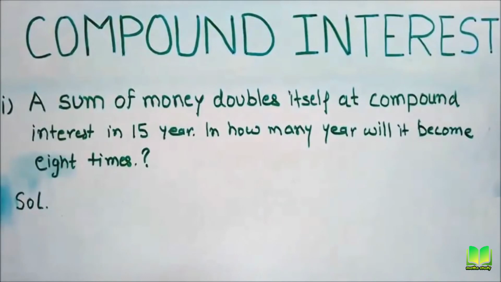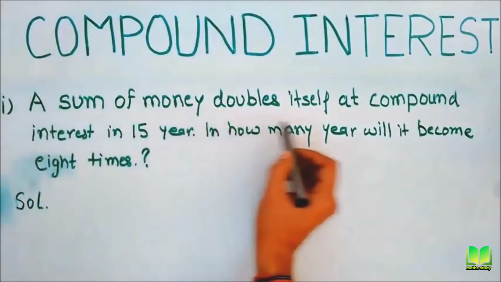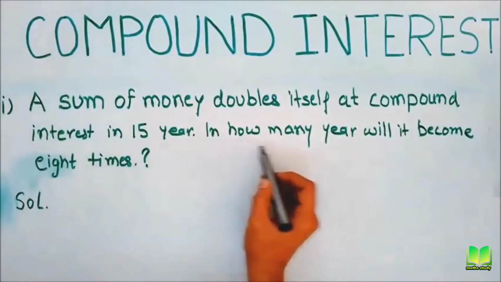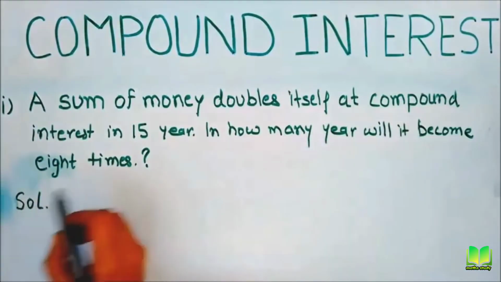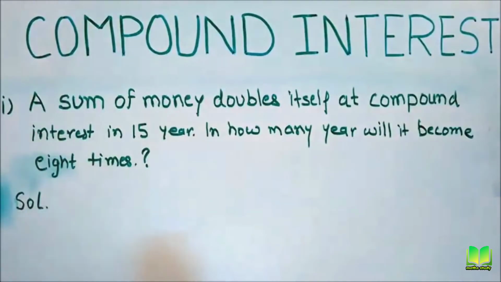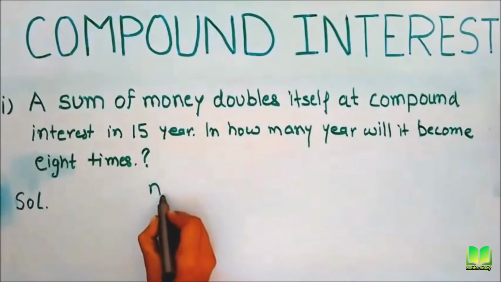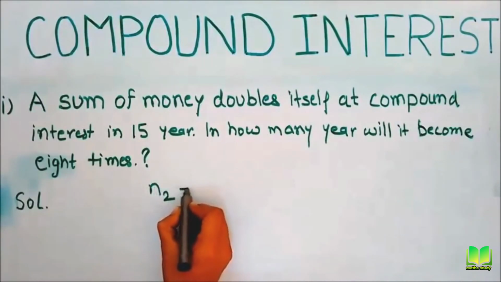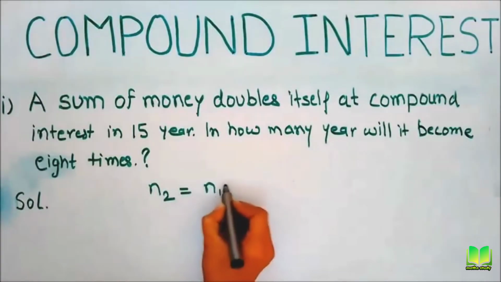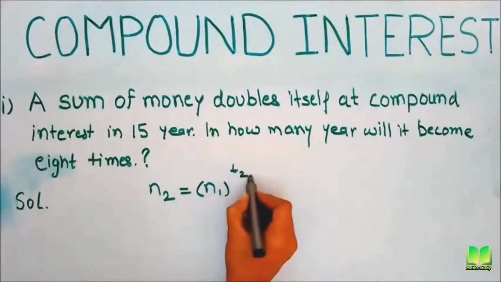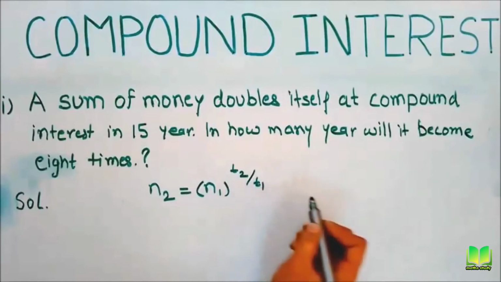Now we will solve a second question based on compound interest: a sum of money doubles itself at compound interest in 15 years. In how many years will it become 8 times? We have a simple short trick to solve this question, that is n2 is equal to n1 power t2 divided by t1.